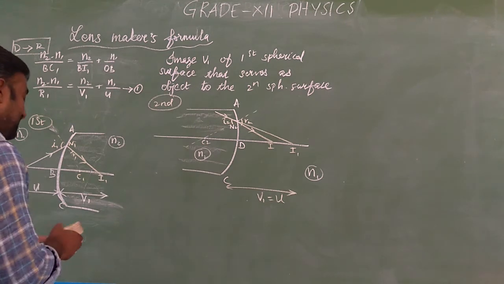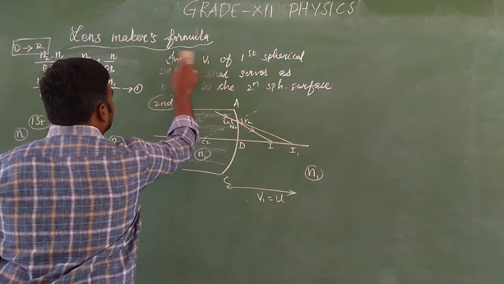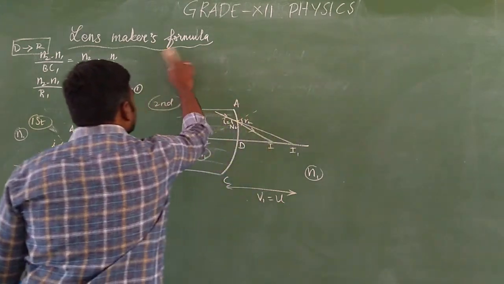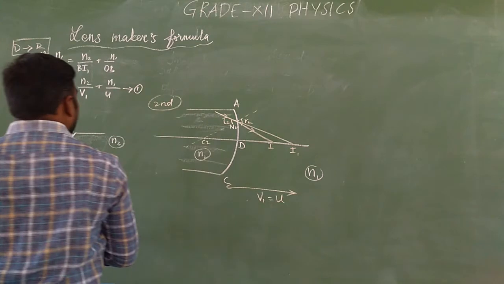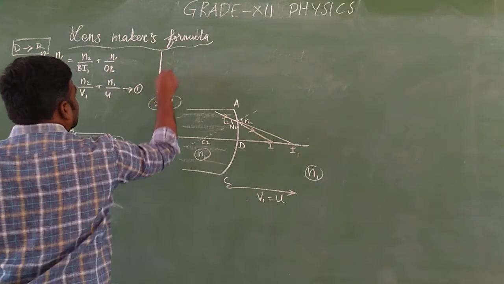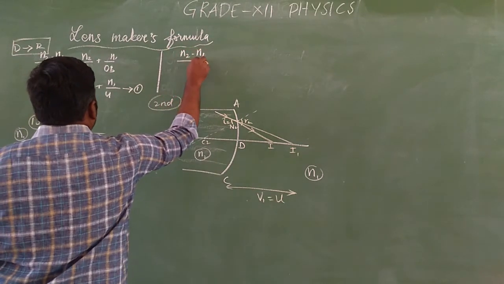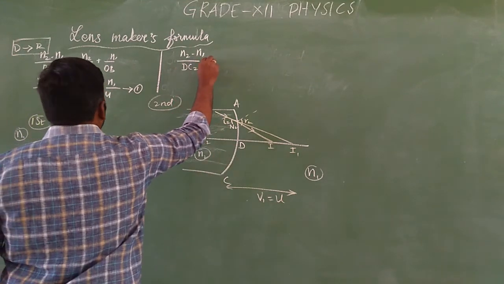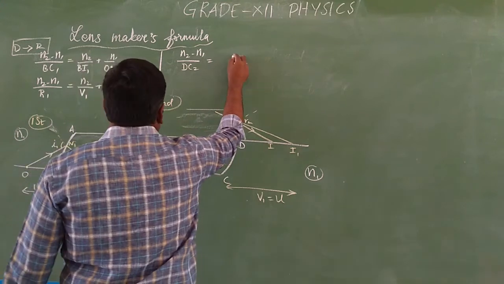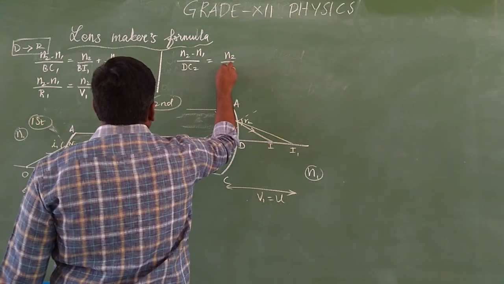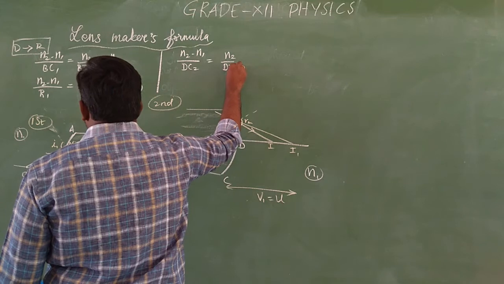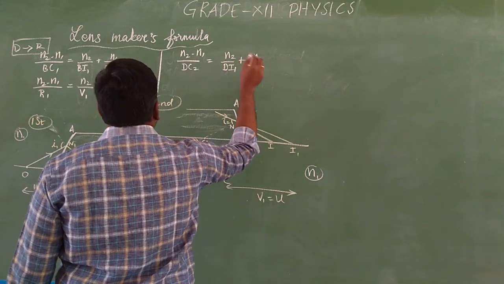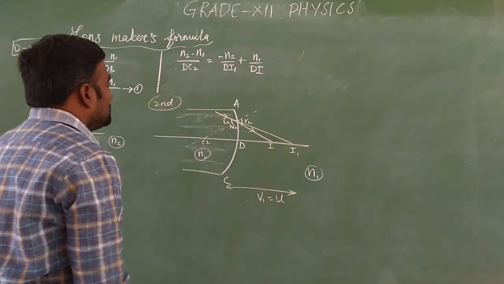Similarly, for the second spherical surface, we will use the relation: N2 minus N1 by BC2 equals minus N2 by BI1 plus N1 by BI. It is minus because it is on the left hand side.